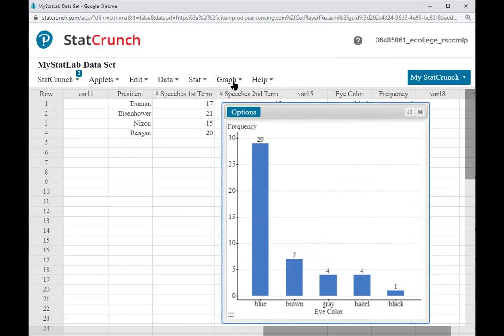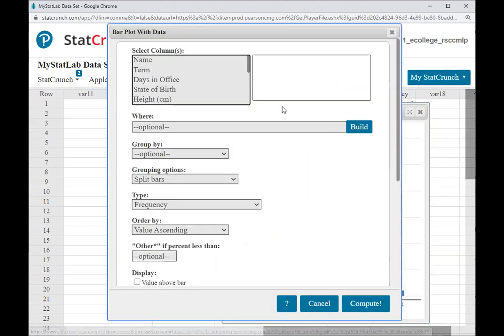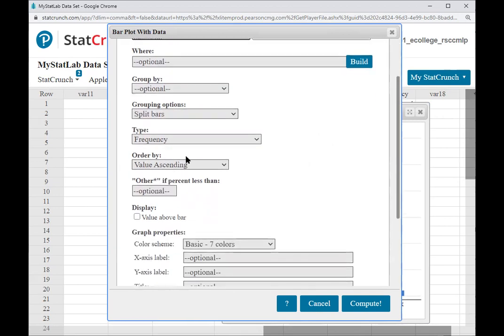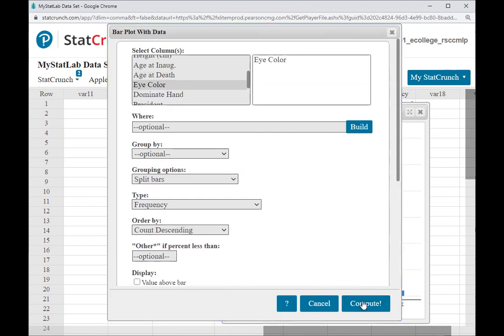Now, if I was doing this with data instead, I'm going to leave this one up. I'm going to use my actual data of eye color, and let's see, I don't want to group. It should be, let's see, compute.